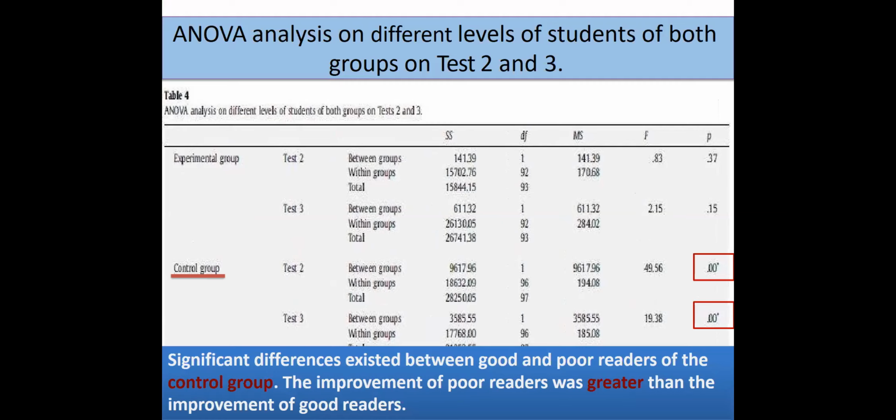However, significant differences can be seen between good and poor readers of the control groups. So the improvement of the poor readers was greater than the improvement of the good readers.